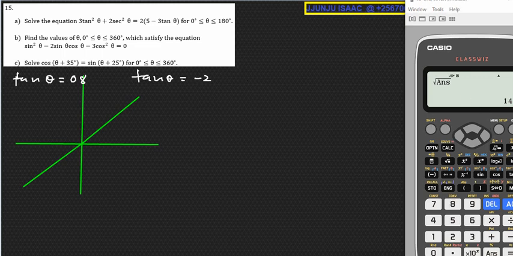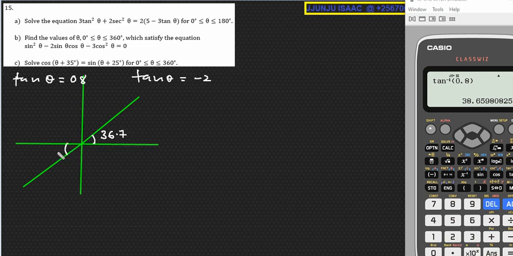So the tan inverse here of 0.8 is 36.7. So this principal angle here is 36.7.